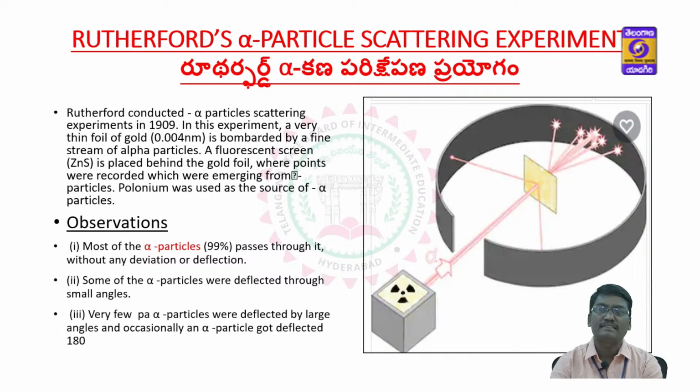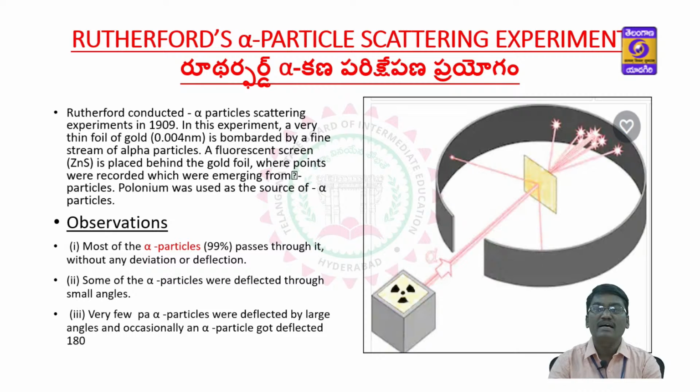The foil, 0.004 nanometers thick, is fixed in a position where it is bombarded by a fine stream of alpha particles. Alpha particles are positive particles, mostly helium. Then a fluorescent zinc sulfide screen is arranged behind the gold foil, where the points emerging from the particles are recorded.